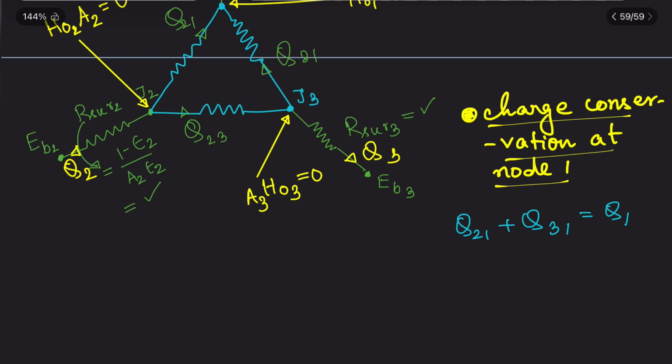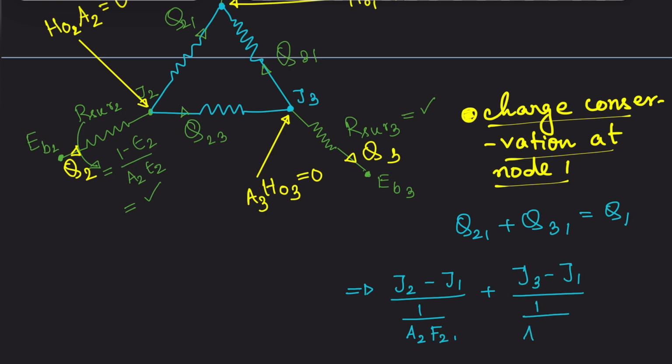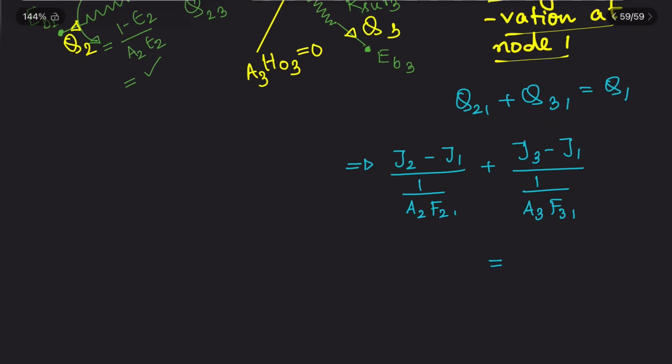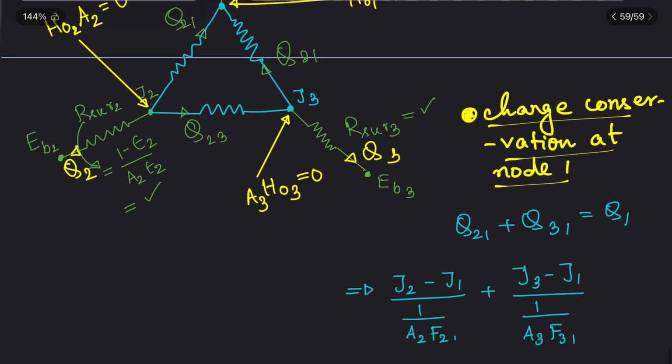So now let us write Q21. Q21 is equal to J2 minus J1 by 1 by A2 F21. Q31 is equal to J3 minus J1 by 1 by A3 F31, and Q1 is equal to, I know Q1 is what?